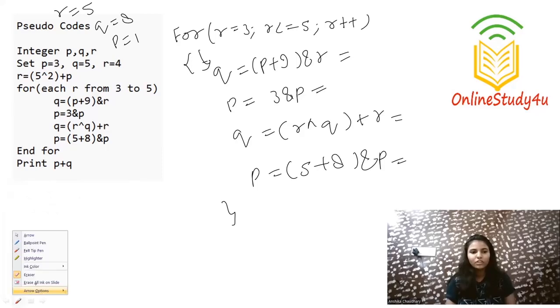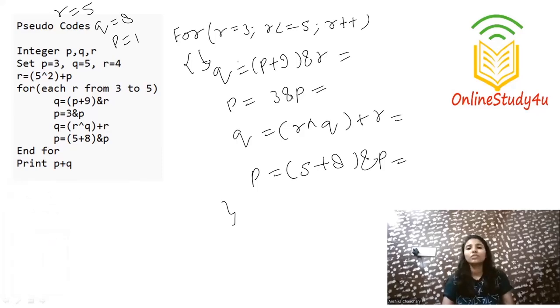So this time R value is 5. We will check whether R is less than or equal to 5 or not. This time it is equal to 5, so the condition is again true.